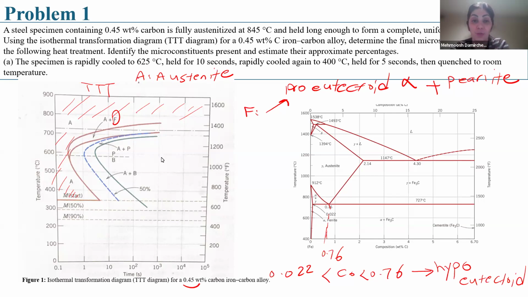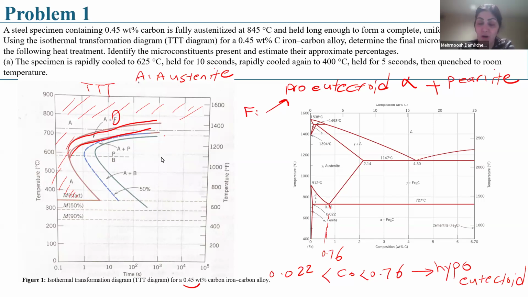So A plus F means austenite plus proeutectoid ferrite. It starts from this line. In this region, we have austenite plus proeutectoid ferrite.